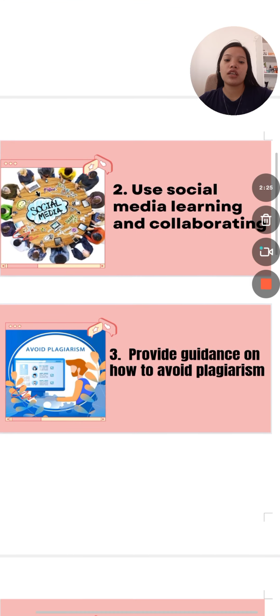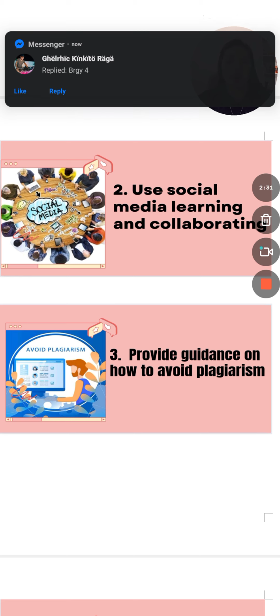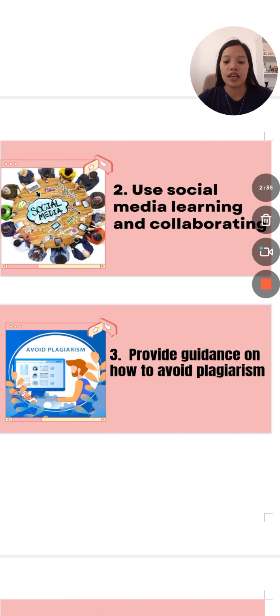So the third is provide guidance on how to avoid plagiarism. Although the internet hasn't necessarily made plagiarism easier, it has changed the way it happens, and students may now be at risk of plagiarizing even without meaning to.